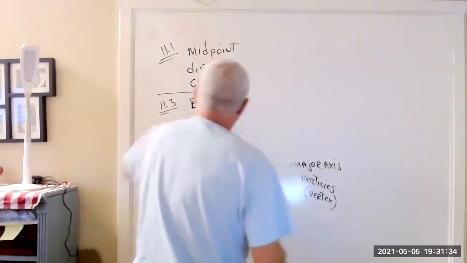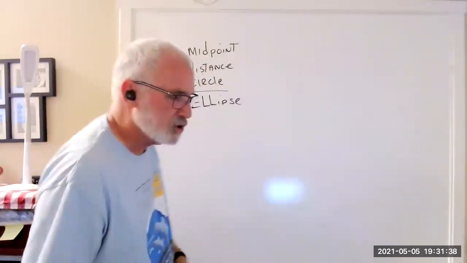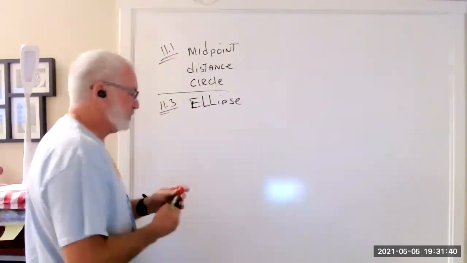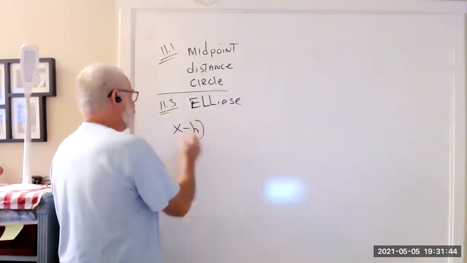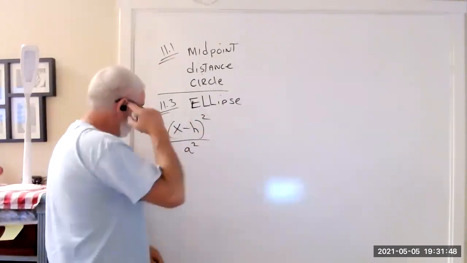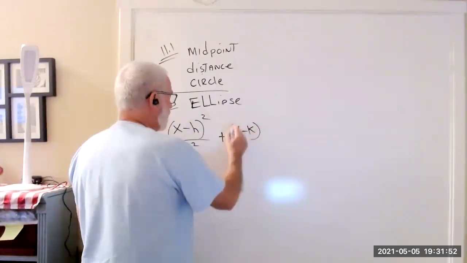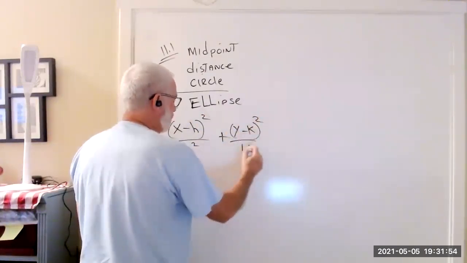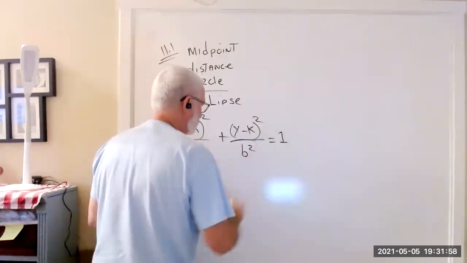Okay. So here comes the formula that you do need to know for an ellipse. x minus h quantity squared over a squared plus y minus k quantity squared over b squared equals 1.